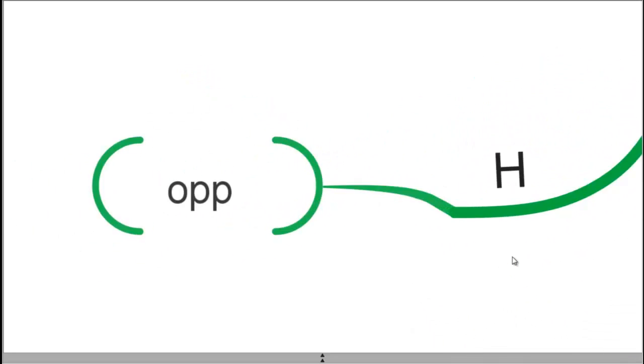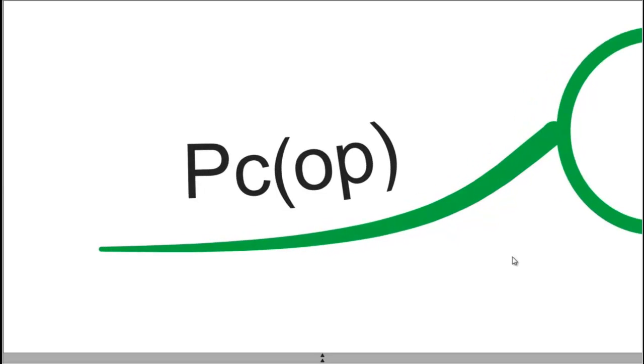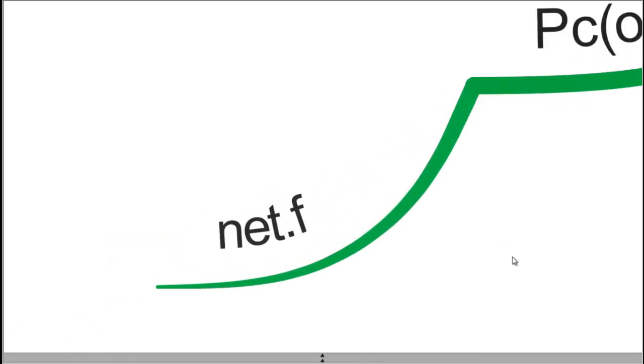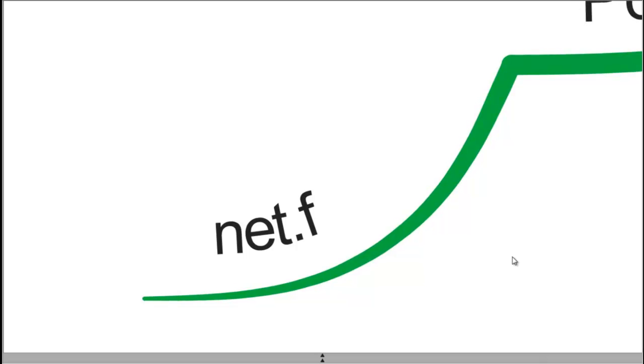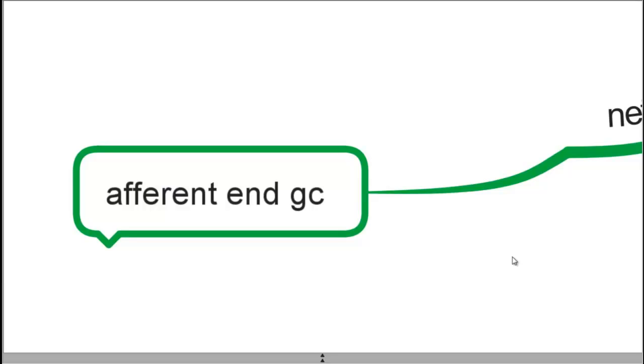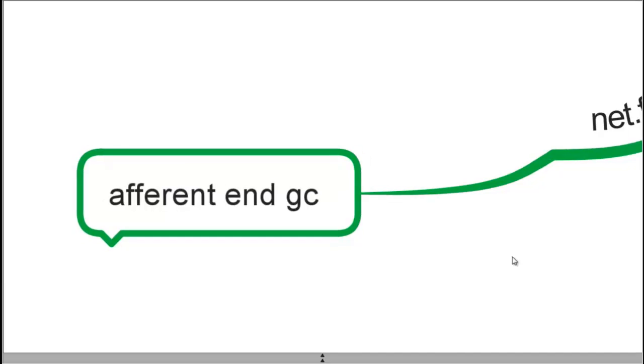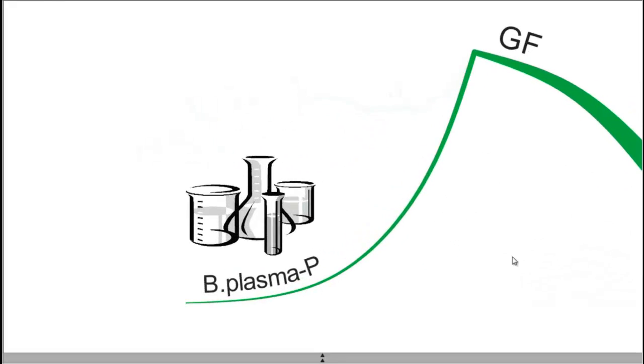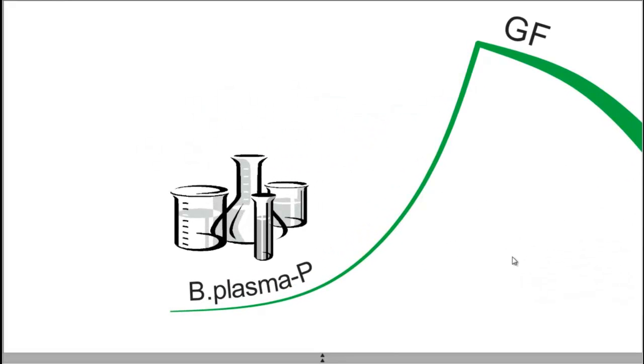It is opposed by two things: plasma colloid osmotic or oncotic pressure and hydrostatic pressure of fluid in Bowman's capsule. This gives the net filtration pressure at the afferent end of the glomerular capillaries. We must know that the glomerular filtrate has a chemical composition similar to that of blood plasma but contains almost no protein.